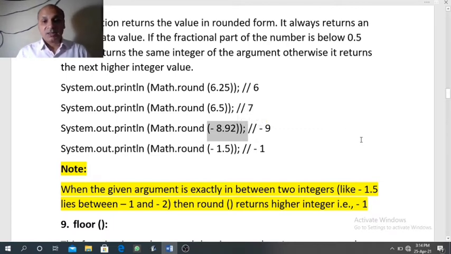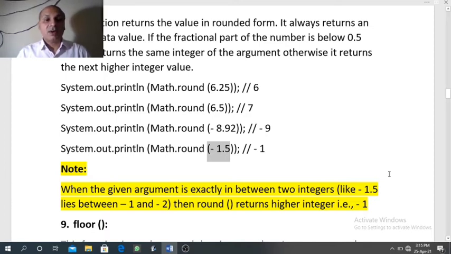So minus 8.92 is nearer to minus 9. That is why we are getting minus 9. Another example, minus 1.5. Actually this number is exactly in between minus 1 and minus 2. So whenever a number is exactly in between minus 1 and minus 2, the function will give the higher integer. So the higher integer in this case is minus 1.